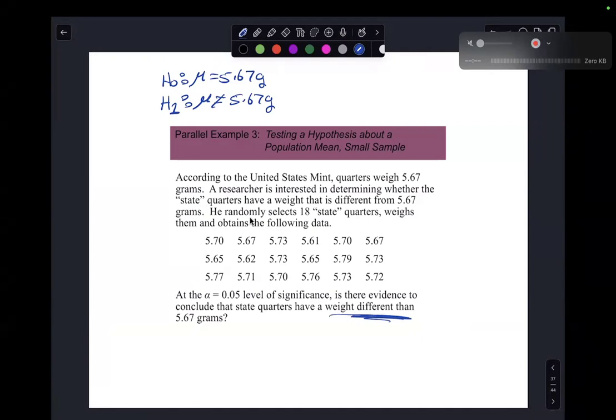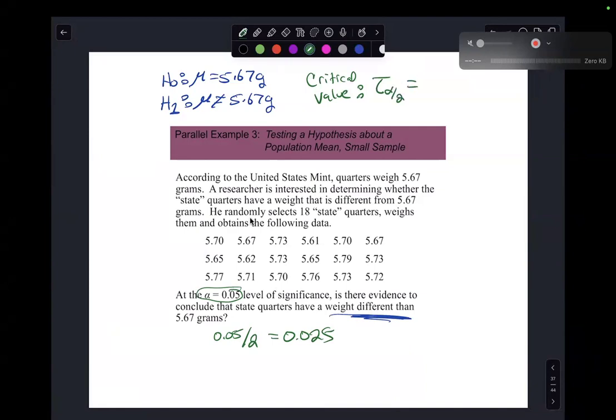All right, critical value. I'm going to write it up here on top because I'm up here. We are looking at alpha equals 0.05. So we have t sub alpha divided by 2.